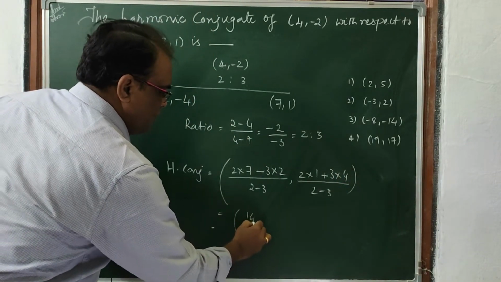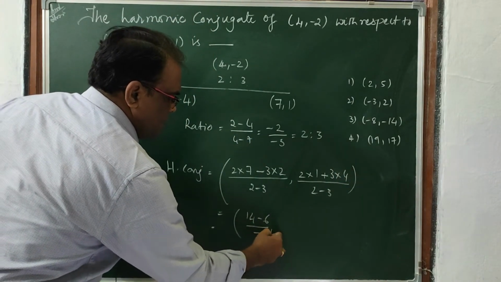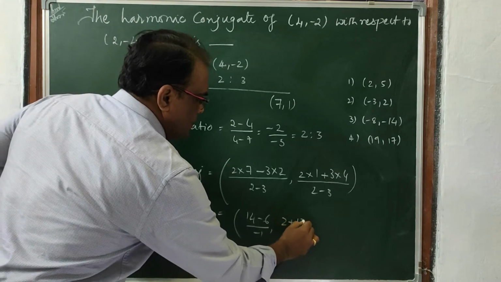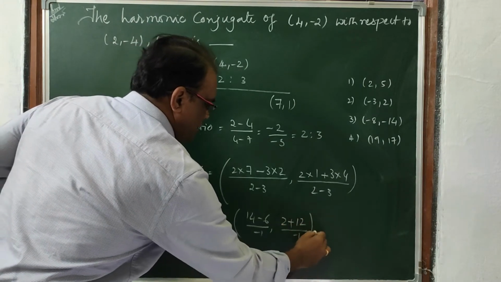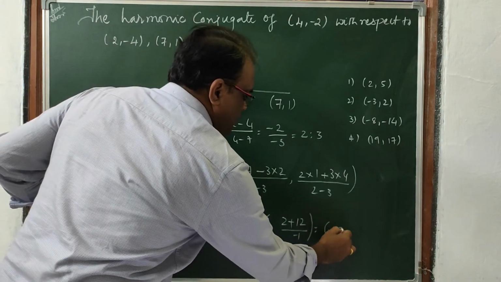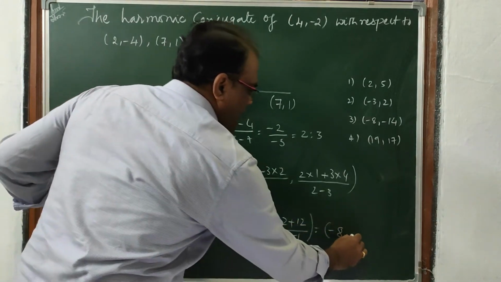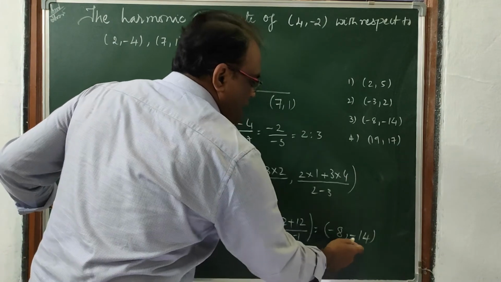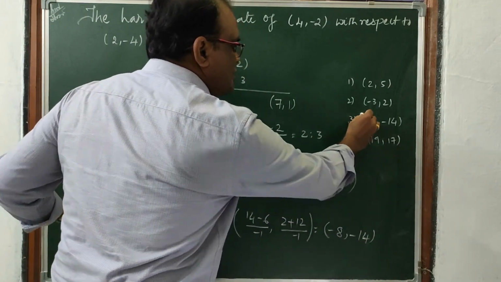This is 14 minus 6 by minus 1, 2 plus 12 by minus 1. So 14 minus 6 is 8, 8 by minus 1 is minus 8. This is minus 14. (Minus 8, minus 14) is in third choice.